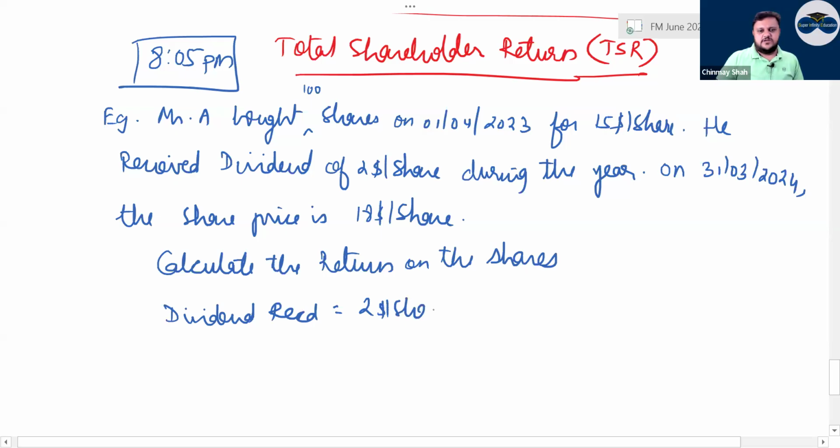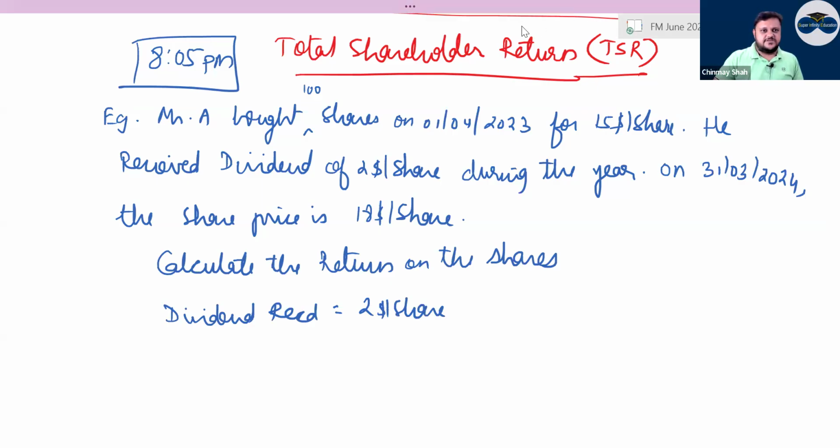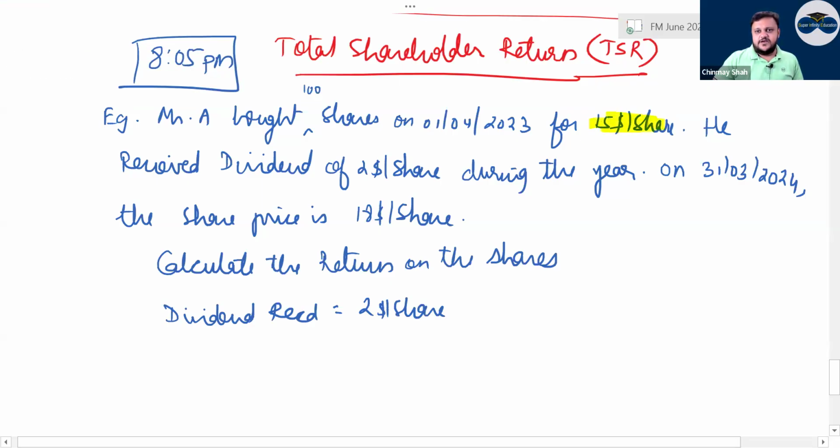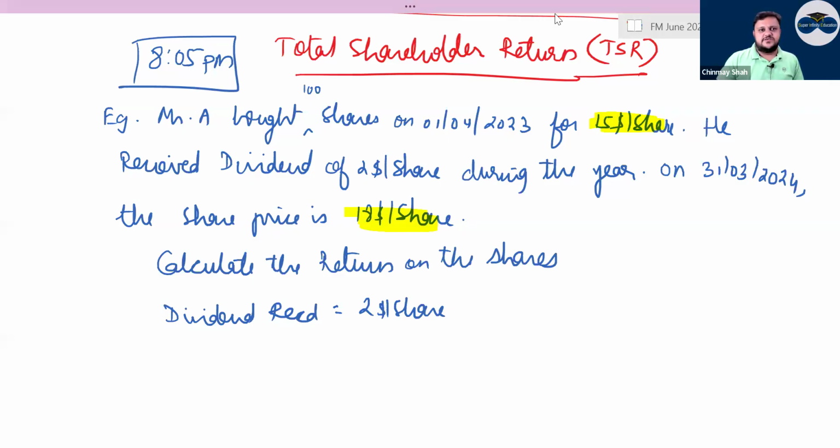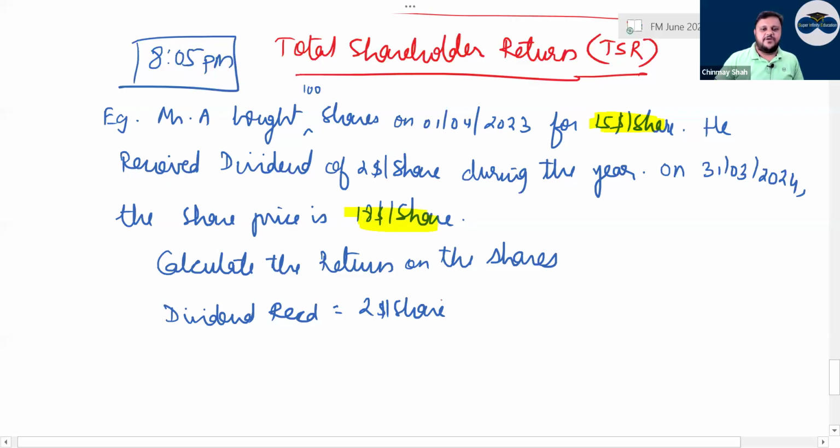$2 per share. Did you get any capital appreciation on the shares? Have a look. A $15 share is now at $18. So there is a capital appreciation on the shares, the chargeable gain, CG on shares.